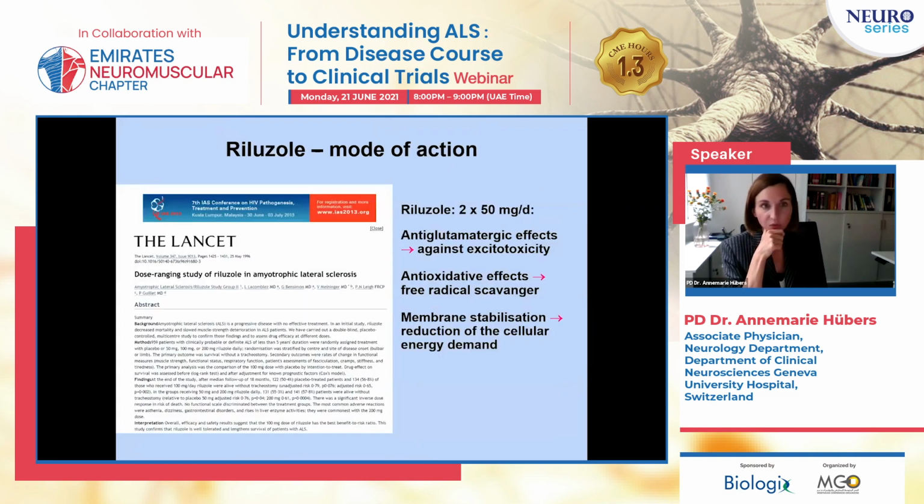And he was right. It was only in the 1990s when Riluzole was discovered, and has since then been for a very long time the only drug that has been authorized because it slows the disease progression.